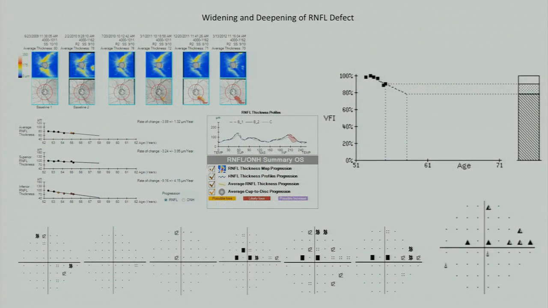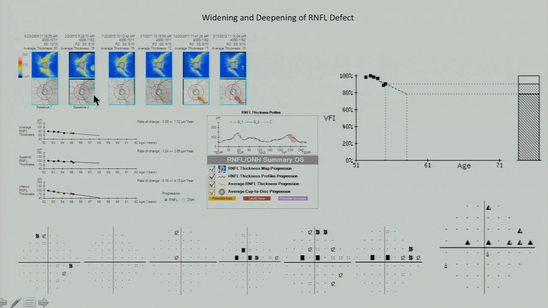This is an example of a spectral domain OCT looking at progression over a series of 6 visits. I'll call your attention to this area here in the inferior nerve fiber bundle, and look here, there's already some development of a thinning of the retinal nerve fiber layer focally, and then that thinning increases, as you can see on the nerve fiber layer map.